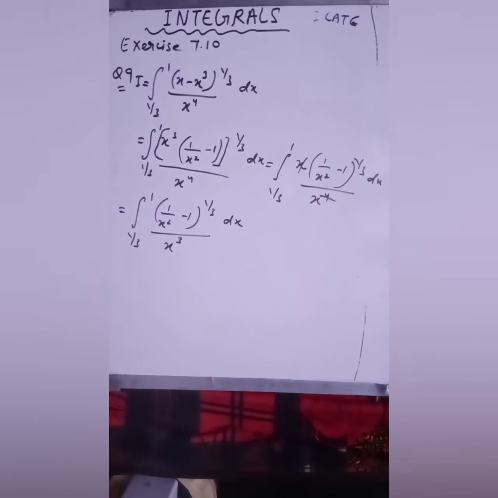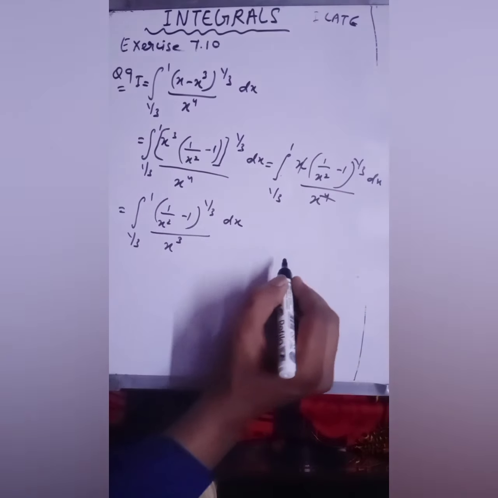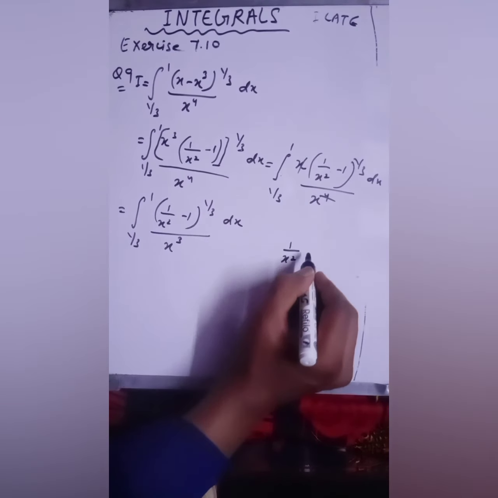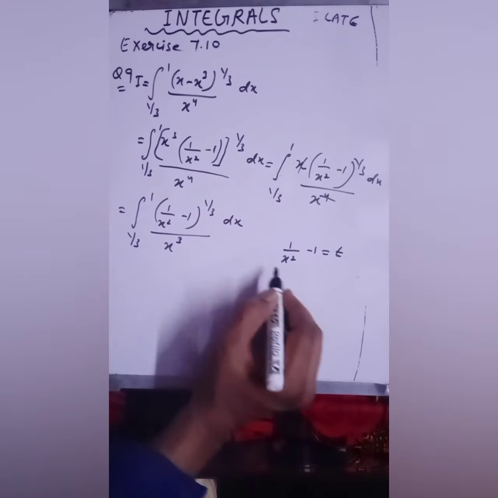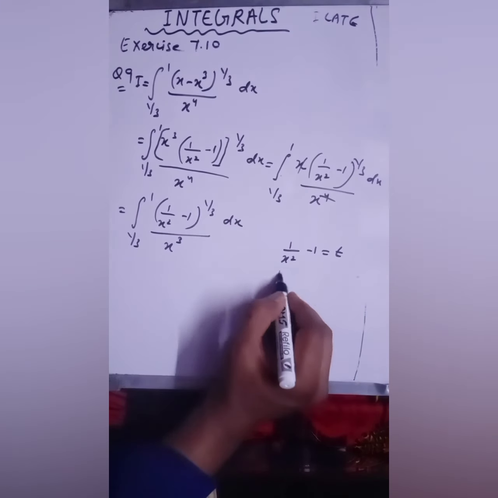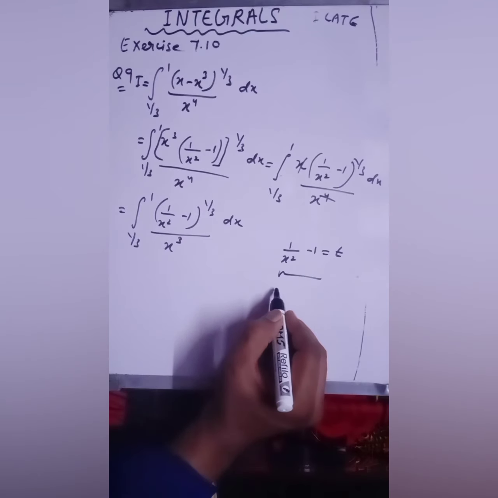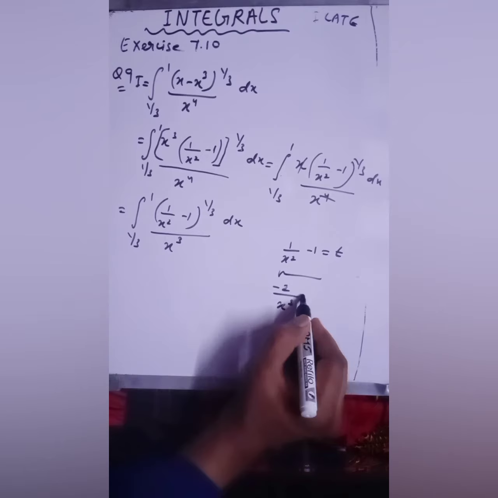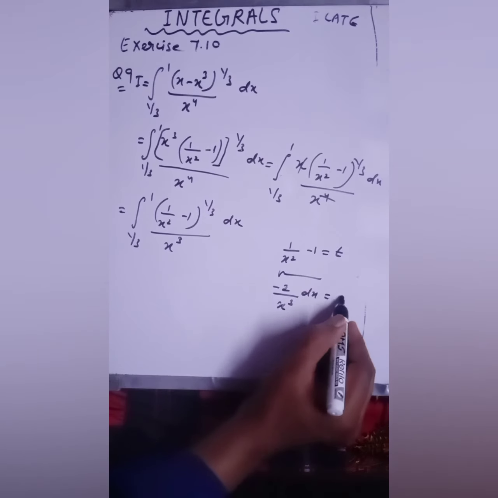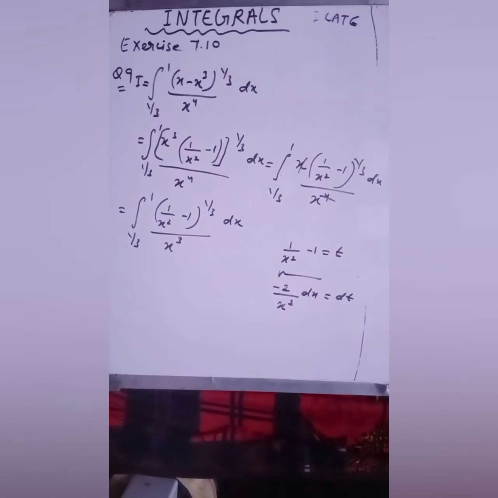Fine. So here I am putting this 1 by x square minus 1 equals t. So when you differentiate it, we are differentiating here, you will get minus 2 over x cube into dx equal to dt. Fine.